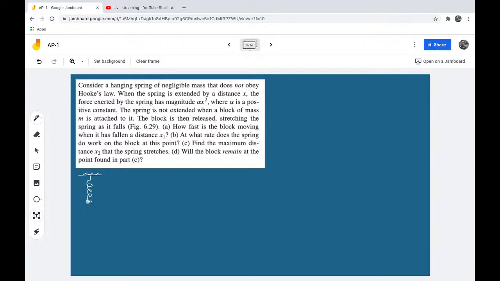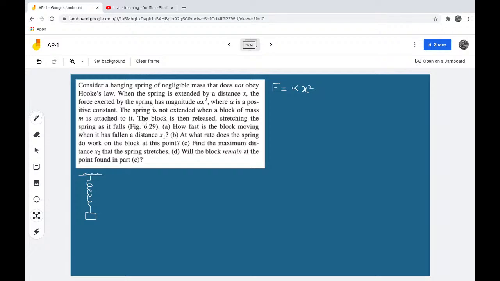You need not be very artistic, because when you draw a rough sketch, it improves your imagination or visualization of the problem. The spring obeys a law which I would write here: F is equal to alpha, it's not k, some constant alpha x square.